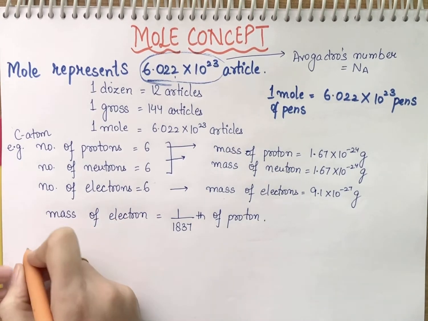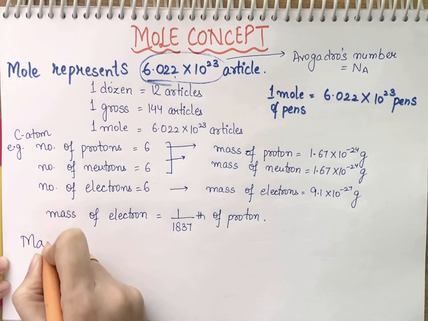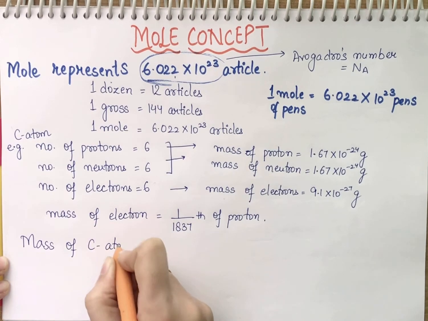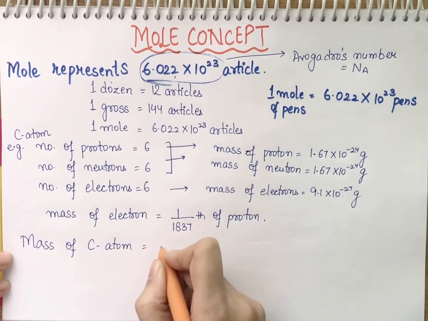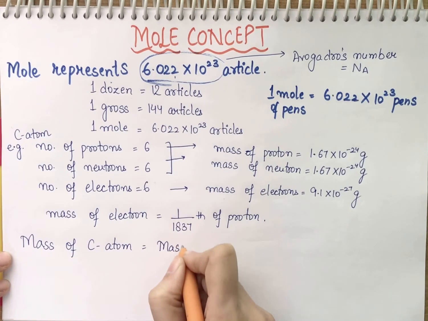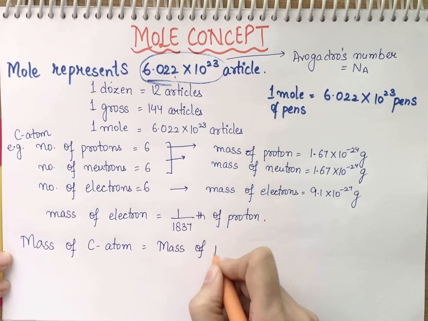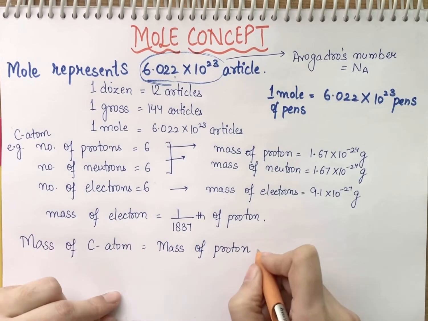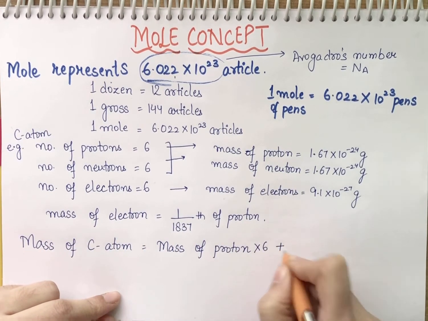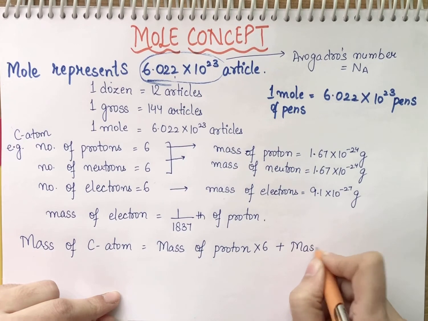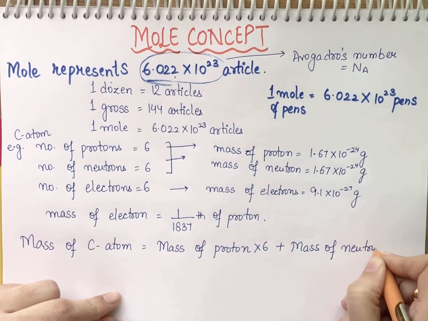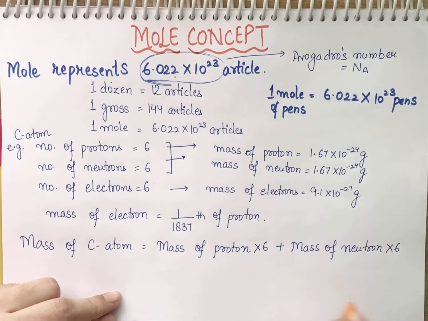So to find the mass of carbon atom, I'll simply write the mass of proton. How many protons I'm having? 6. So into 6 plus mass of neutron, again I'm having 6 neutrons, so into 6, right?